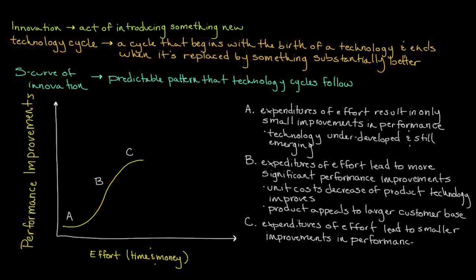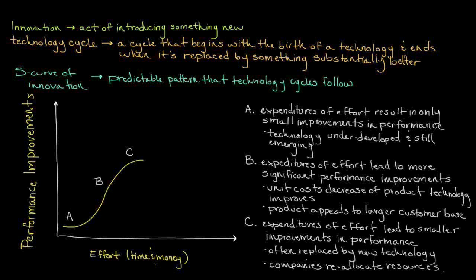Take, for example, the introduction of desktop computers in the 1960s. Early models were quite expensive and weren't widely adopted until technological advances during the 1980s and 1990s. But as technology continued to mature, companies began to realize how to make the desktop computers smaller, lighter, and more versatile, which led to the introduction of the laptop computer. So as one technology begins to plateau, another takes its place as companies look to new innovations to replace the other.